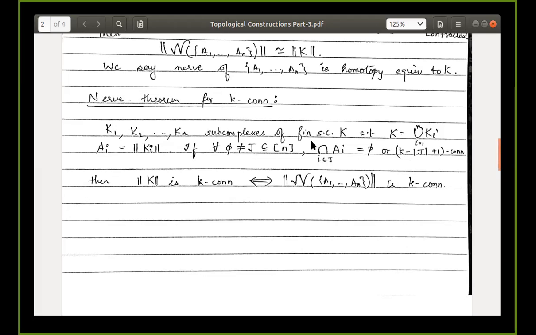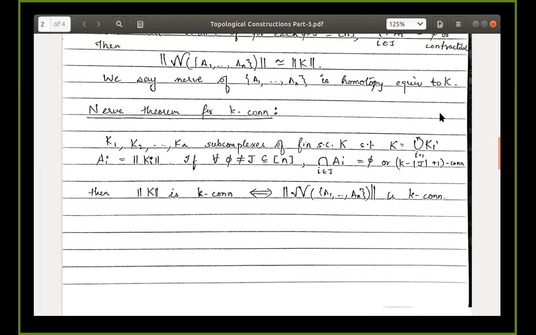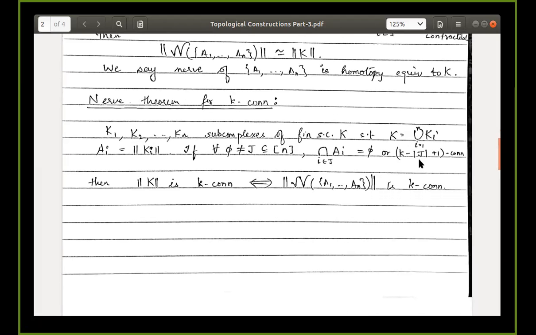See, this intersection is a topological space. Now, in the previous one, we said contractible, which means it was infinite-dimensionally connected. Contractible means all the homotopy groups are trivial. Whereas if that is not the case, suppose in this particular space for a particular J it is (k minus |J| plus 1)-connected. For another J prime, this intersection, let's say, is empty or (k minus |J prime| plus 1)-connected.